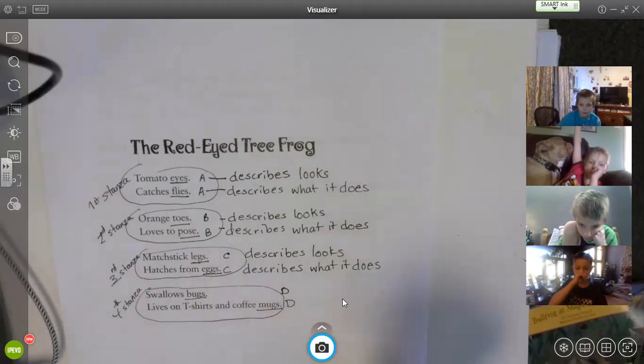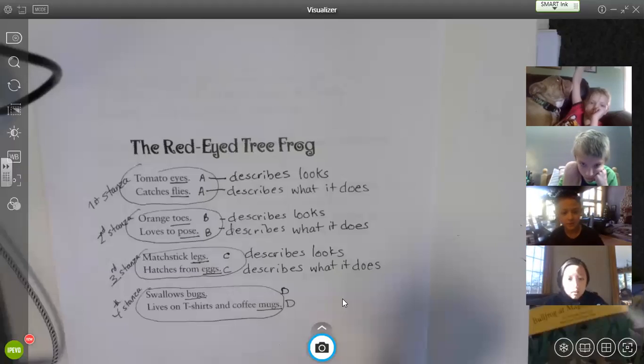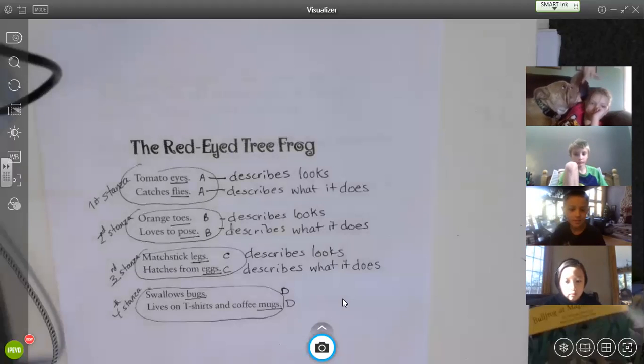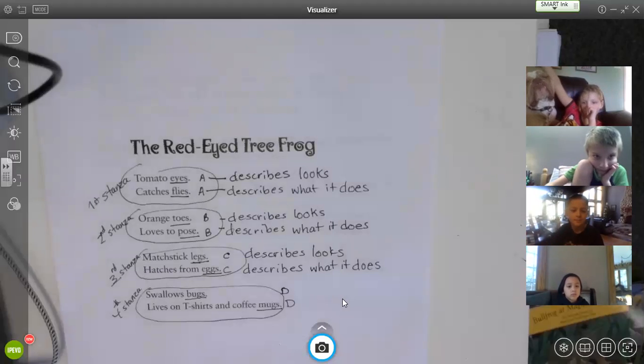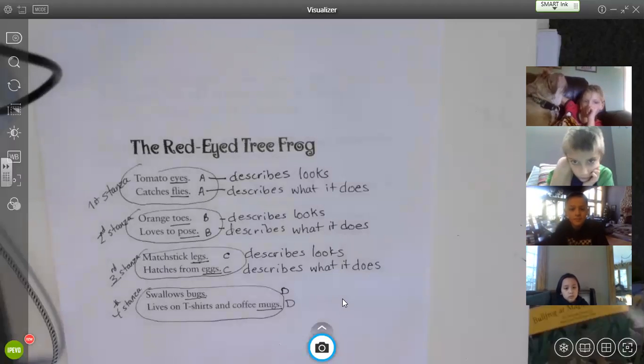Ryder, can you tell us about that? Let me unmute for a sec. So hatches from eggs describes it. If say this was an egg, it just breaks in half and then something comes out, it hatches from the egg. Excellent. So that's telling what it does, right? We're no longer describing what it looks like, but telling what it does.